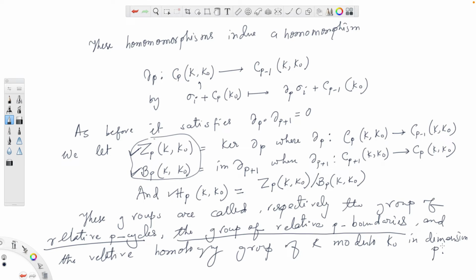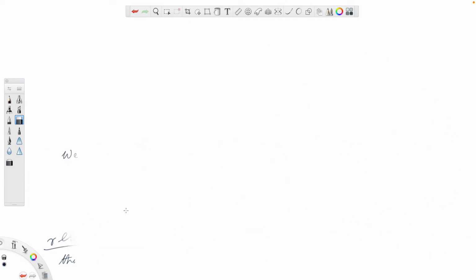Okay, now a small remark on the relative P cycles and relative P boundaries of K modulo K0.